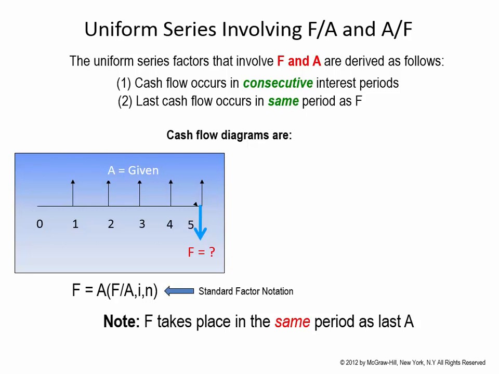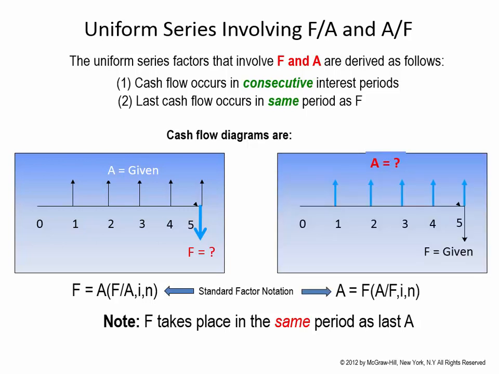But even still, we assume that an annual series or a uniform series has nothing happening in year 0, but then it has an equal number of events that happen each year, and the terminal year is the same year as the future amount. The same thing is true if we are converting between a known future amount and an unknown annual series.